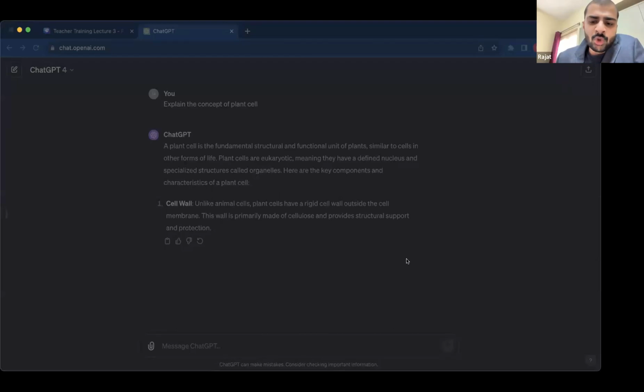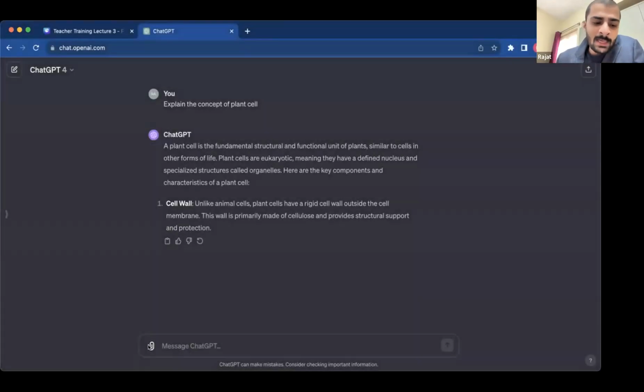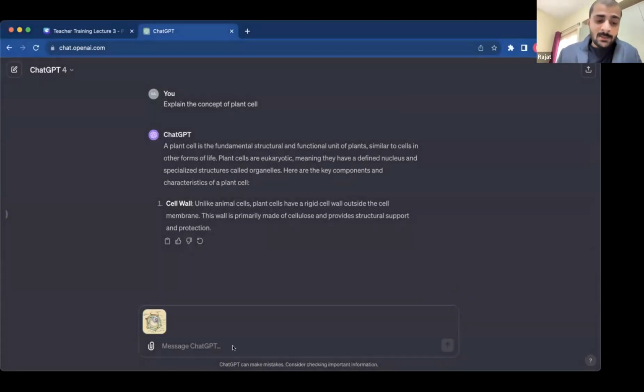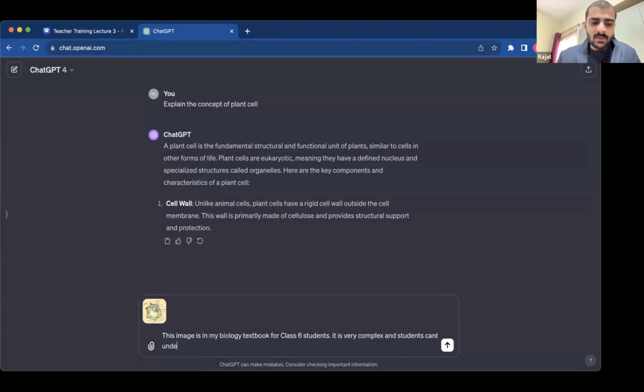Again, let me show you. I've clicked on this paper clip icon on the bottom left, and I will just upload this image, and then I will ask: this image in my biology textbook for class 6 students is very complex and students can't understand.